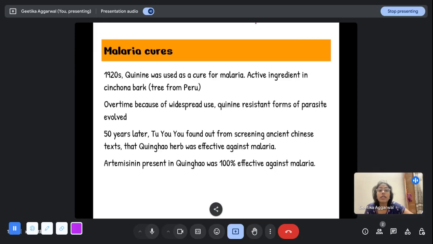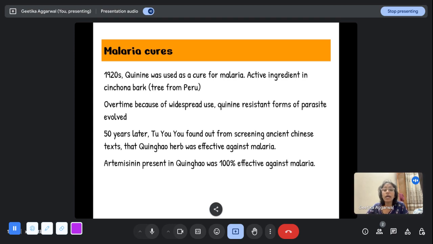Okay. And now coming to the cures of malaria. In the 1920s, it was found that quinine, which is found primarily in the bark of the cinchona tree, a tree from Peru, is effective against malaria, and it was very widely used throughout the world to treat malarial patients.